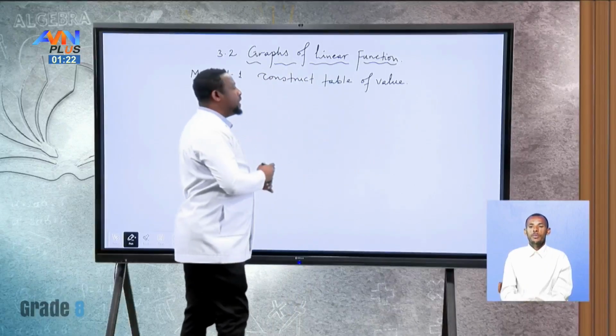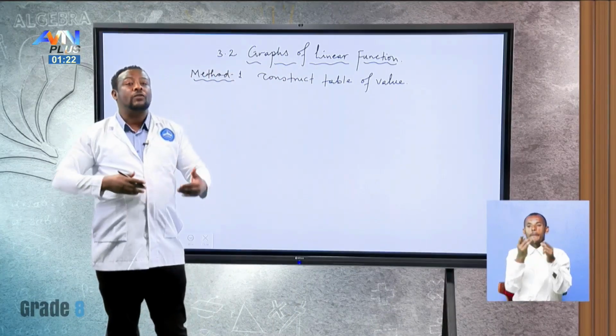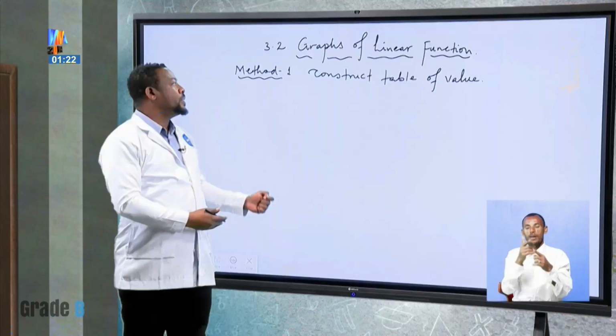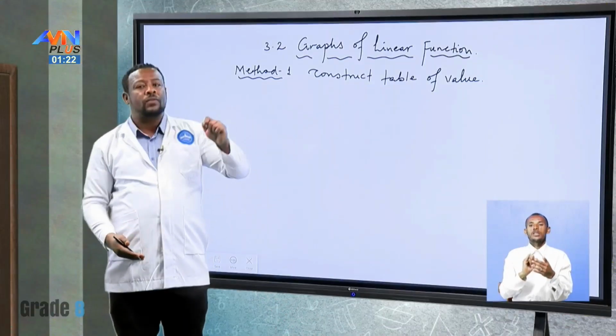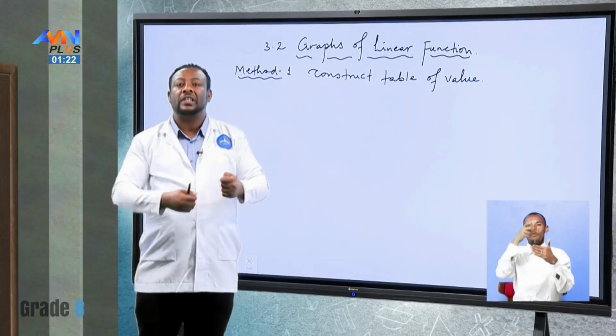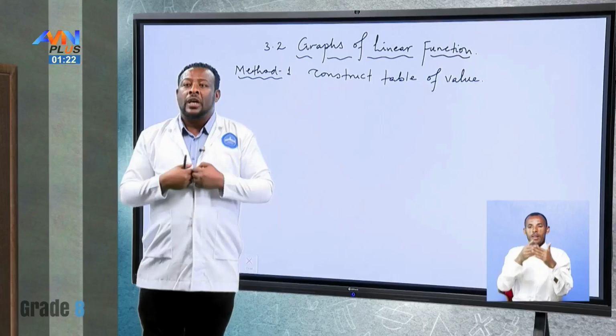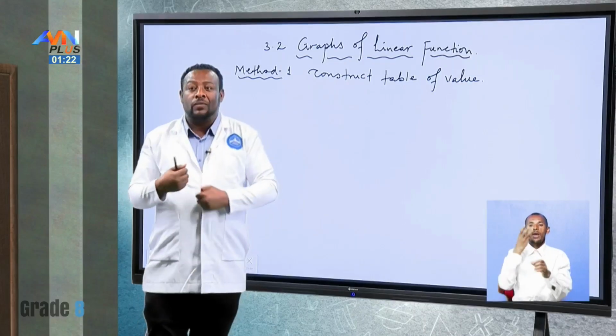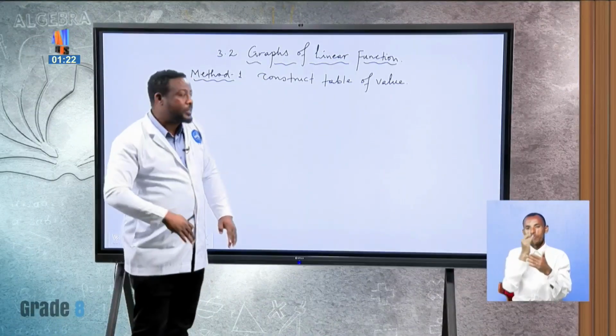The first method that we use to sketch the graph of a linear function is to construct a table of values. How do we construct a table of values? We have three steps, okay?